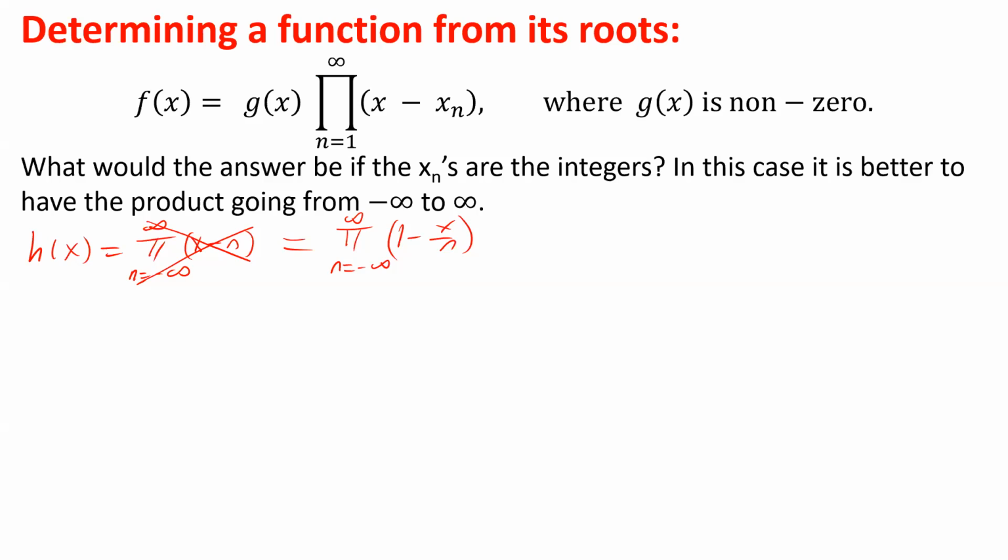So we're trying to build this function. What's your first thought when you see something like this? Well, at 0, it's going to have problems. At x equals 0, so what we'll do is we'll say n is not allowed to be 0, and we'll just pull out an x like that.